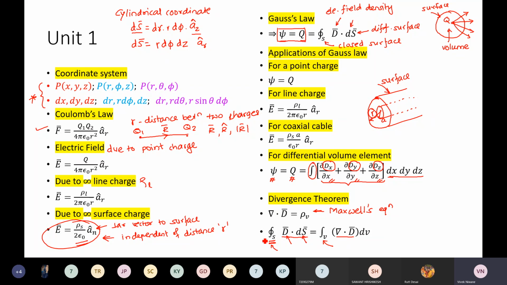I will tell you once again. The closed surface integration of D bar dot dS bar is equal to divergence of D bar over the volume enclosed by the closed surface.